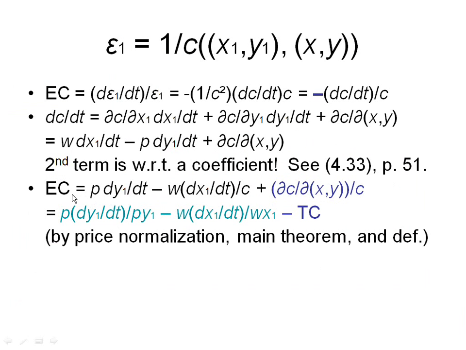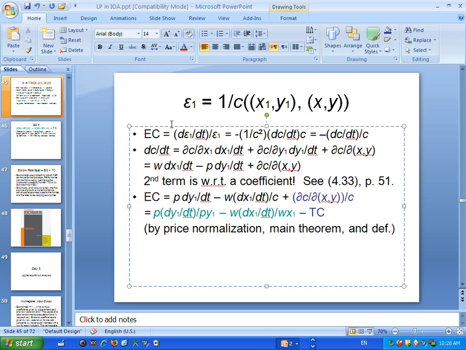So we get that the efficiency change is the change in the value of the outputs of firm 1 minus the change in the values of the inputs.